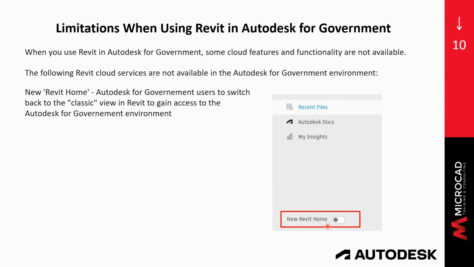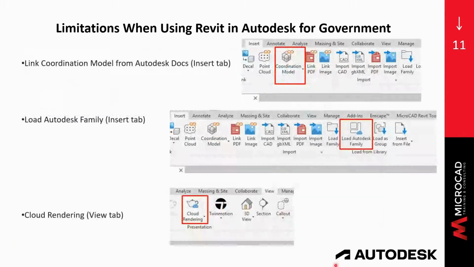Okay, and Revit is going to return to the classic view of the home screen. Okay, first big change. The second, the Link Coordination Model from Autodesk Docs, that you find in the Insert tab, that command is going to be disabled.